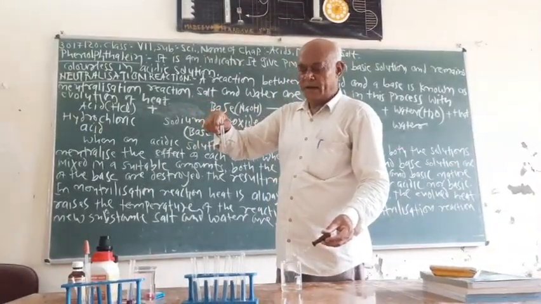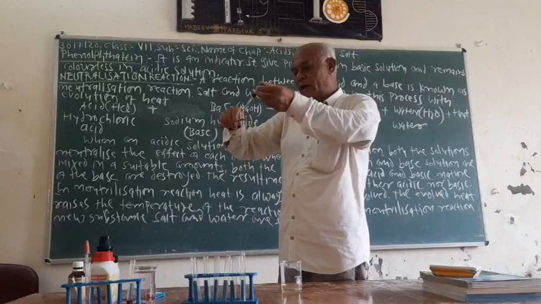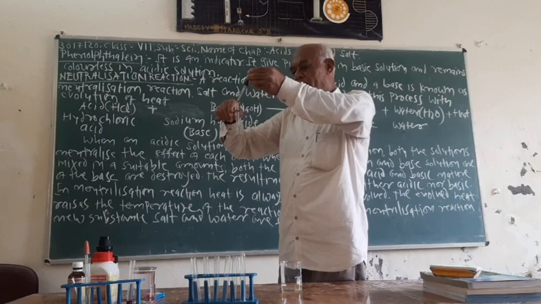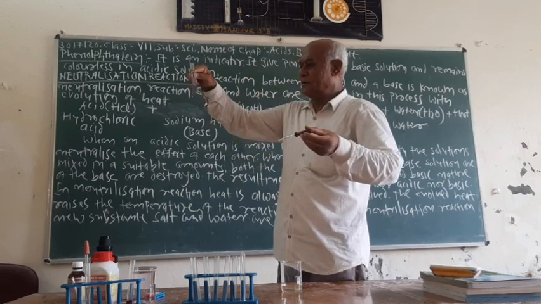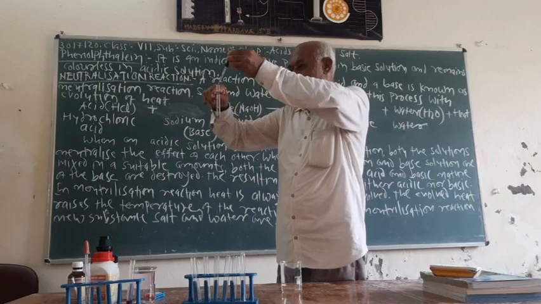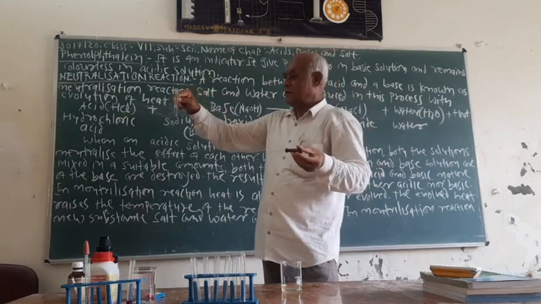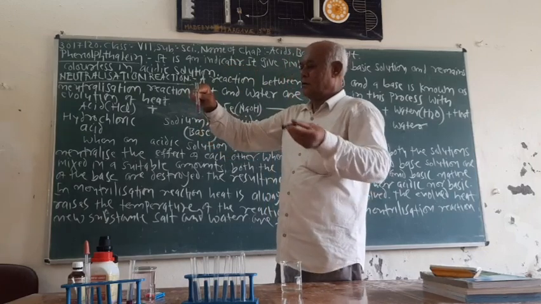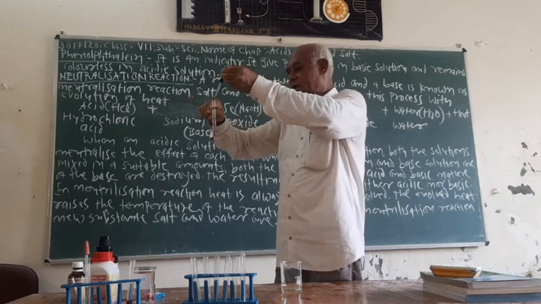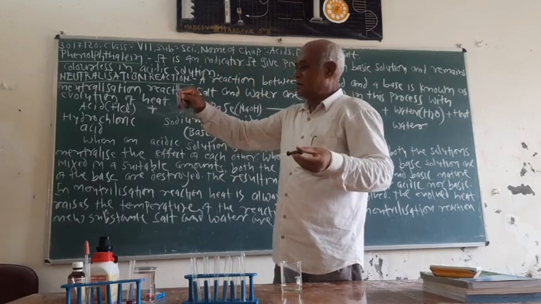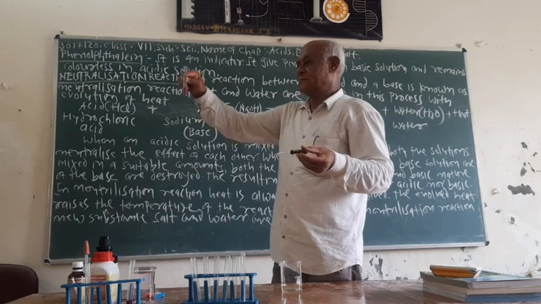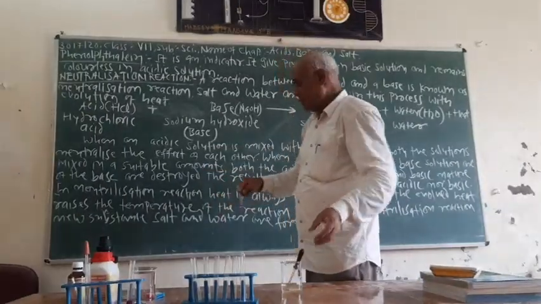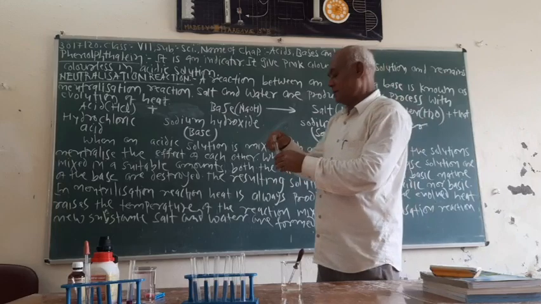Now I repeat adding sodium hydroxide into the test tube with a dropper, drop by drop, one drop. You see the color is slightly changed, from colorless to pink. This is known as a neutralization reaction.